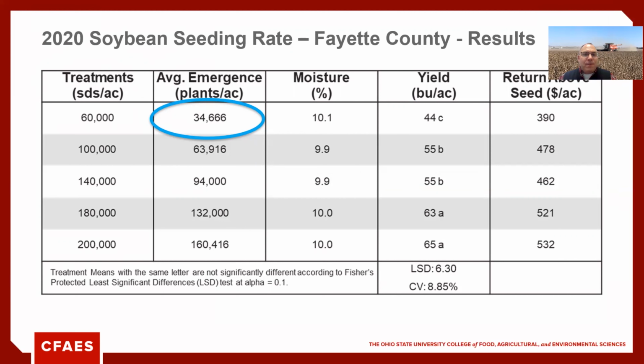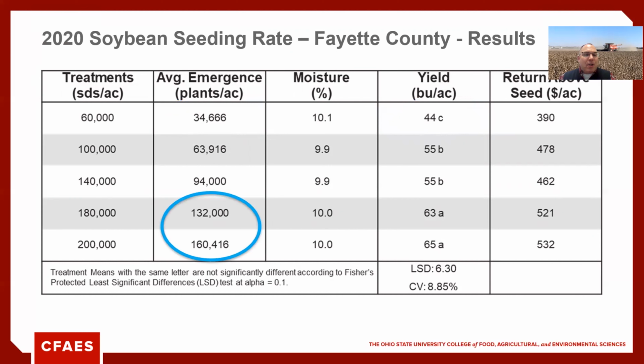We received 44 bushels per acre on this population. Some guys would be happy with that in some years, but on land that should produce 50 to 70 bushels in any given year, that was definitely on the lower side.